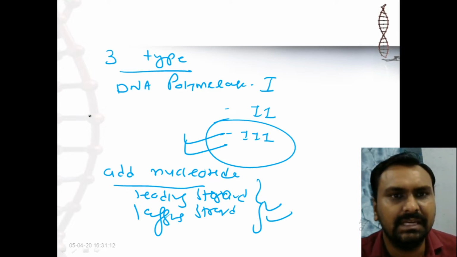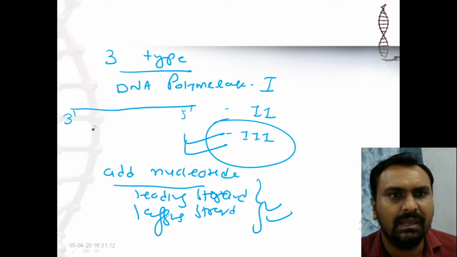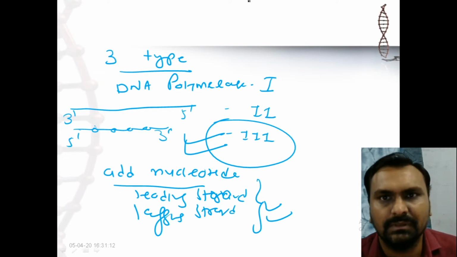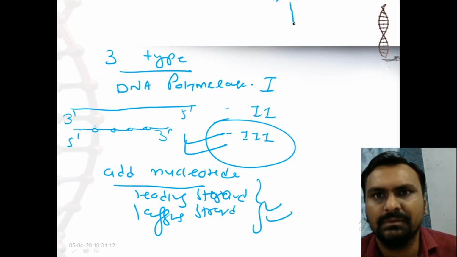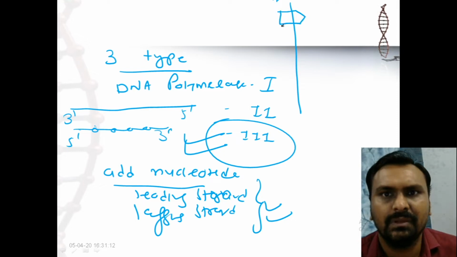And this DNA polymerase reads the nucleotide in 3' to 5', okay, and adds the nucleotide in 5' to 3'. So always remember, nucleotides are always added in the 5' to 3' direction. Okay. Suppose this is a DNA strand, okay. There is a nitrogen base, ribose sugar, and phosphate.